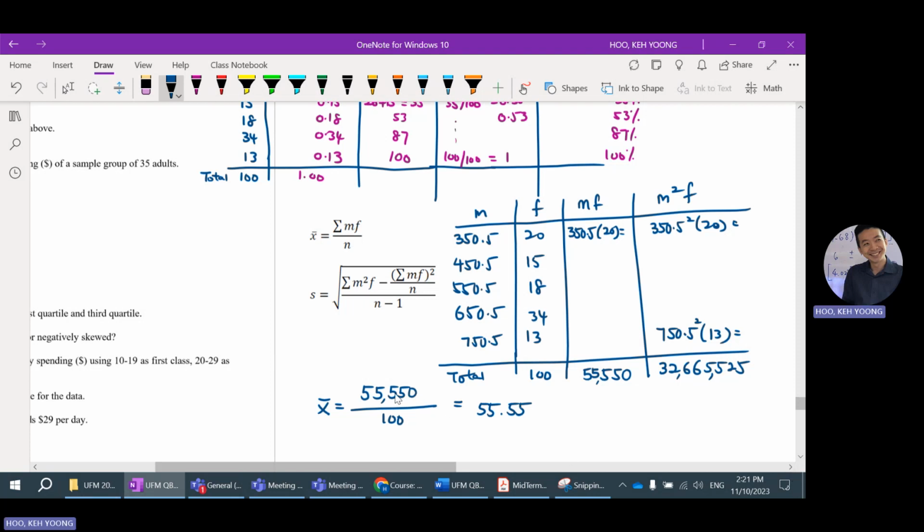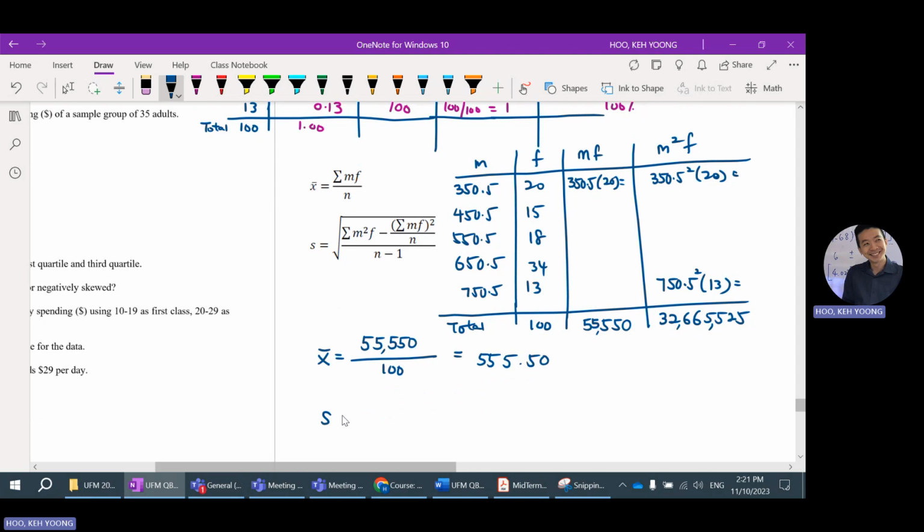How about my sample standard deviation? Remember the square root. Your final answer is on the square root thing.